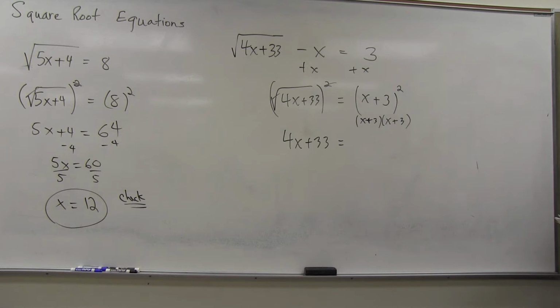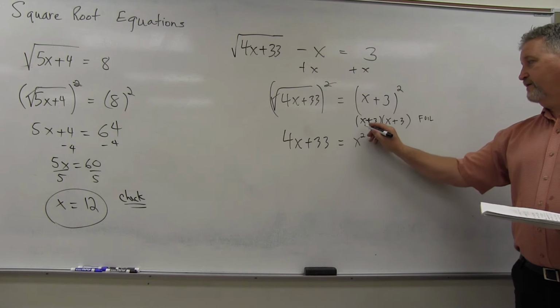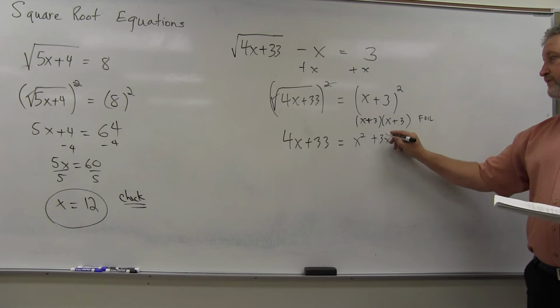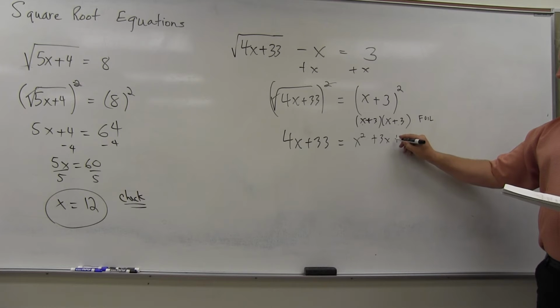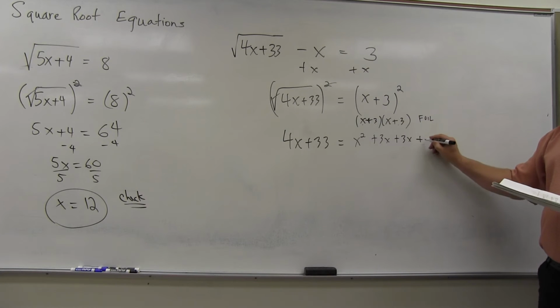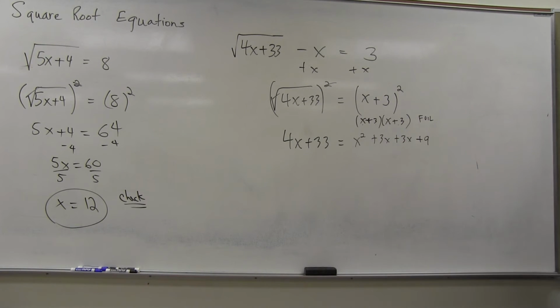And so what I've got there is not x squared plus 9, that's part of it, but I have a little more to it, because it's x plus 3 times x plus 3. So what do I have to do to that? FOIL it. We call it FOIL, different names. We've got to multiply that out. So x times x is x squared, x times 3 is plus 3x, plus 3 times x is plus 3x. So you've got 6x in the middle.